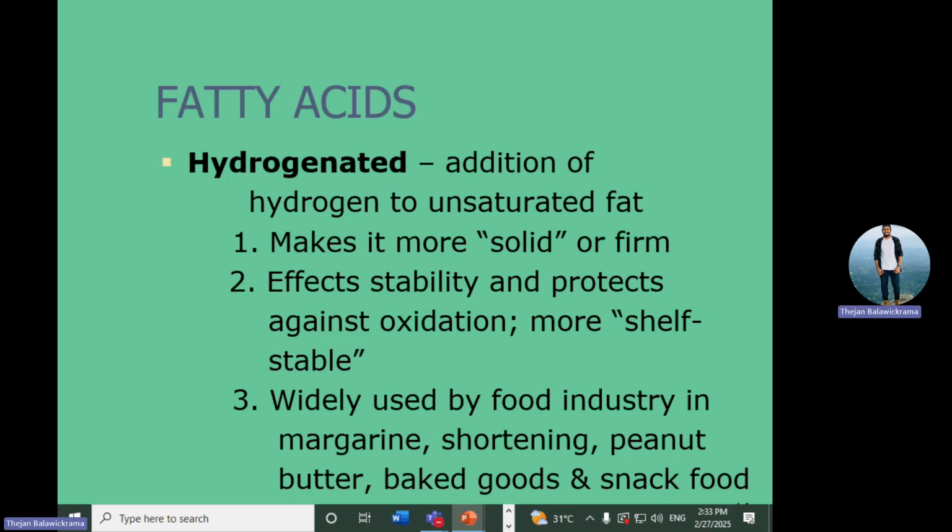I have given examples here from the food industry: margarine and peanut butter. Those are industries where hydrogenation is used.